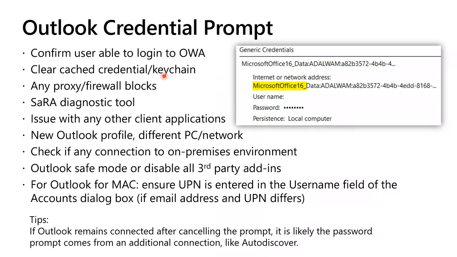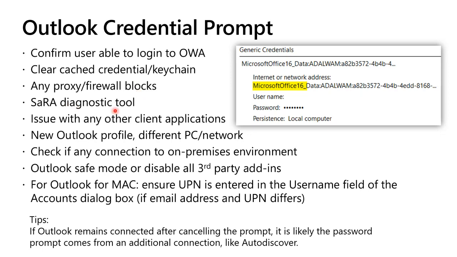Most probably the password prompts would be coming from either directory or mailbox connections. And then we could check if there are any proxy or firewall blocks, or if the issue happens even with other client applications like Teams.